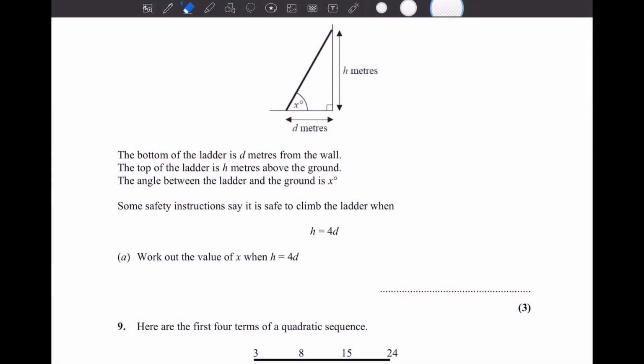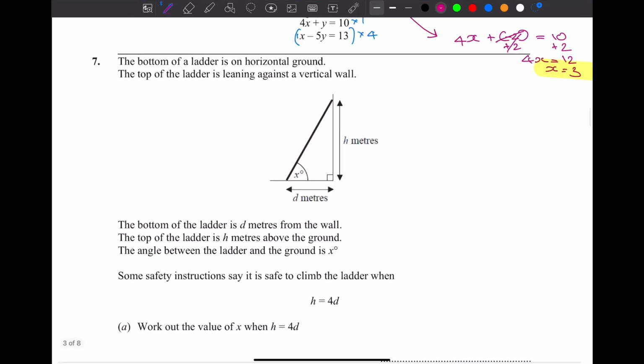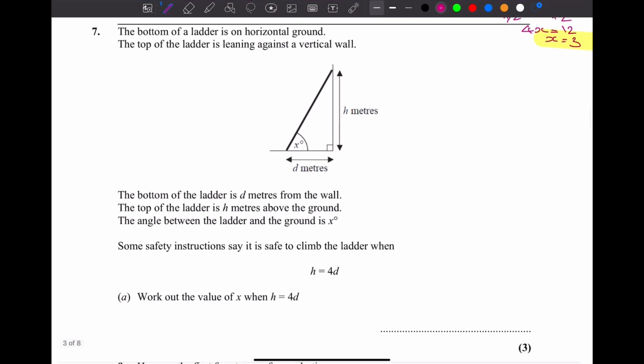Okay, so question number 7. So this would be the hypotenuse, opposite and adjacent. So we could just use the formula. We have opposite and adjacent anyway, so that's tan of x equals opposite over adjacent. Opposite is h over adjacent is d. Okay, they told you h is what? 4d. So instead of h, just put 4d, and then d and d cancel.